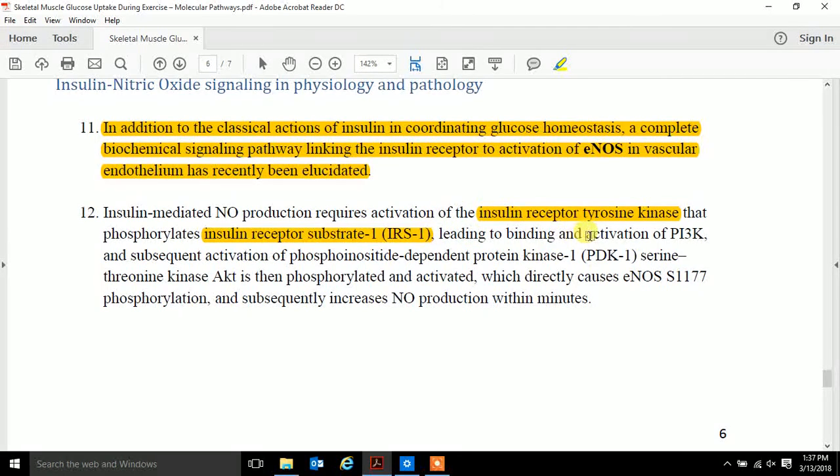Leads to activation of PI3K. We then get AKT phosphorylated and activated, which then causes eNOS phosphorylation and subsequent nitric oxide production.